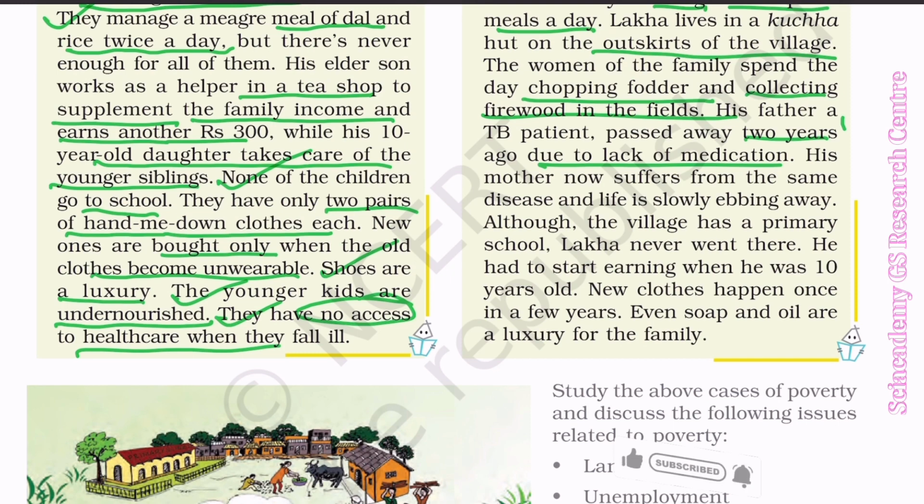His mother now suffers from the same disease and life is slowly ebbing away. Although the village has a primary school, Lakha never went there. He had to start earning when he was 10 years old. New clothes come once in a few years. Even soap and oil are a luxury for the family.